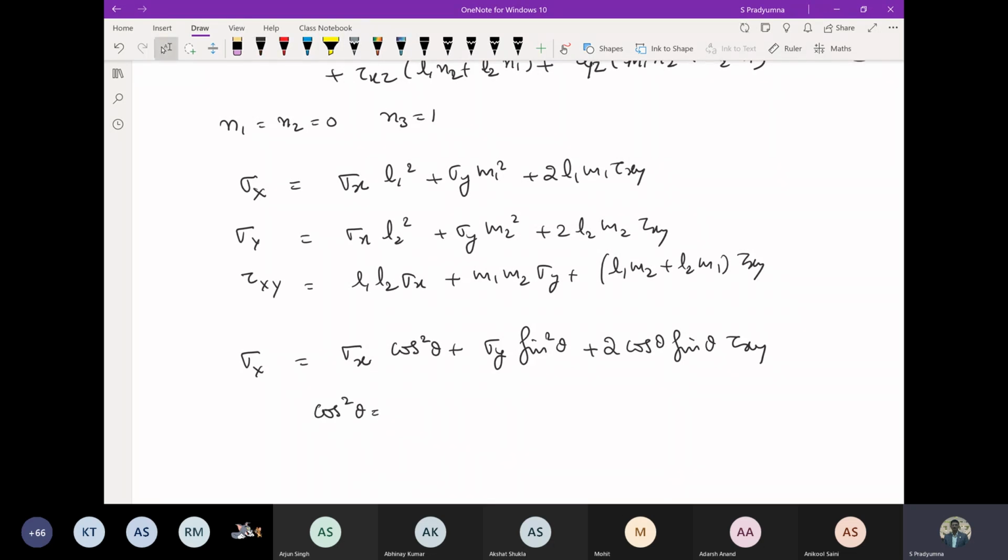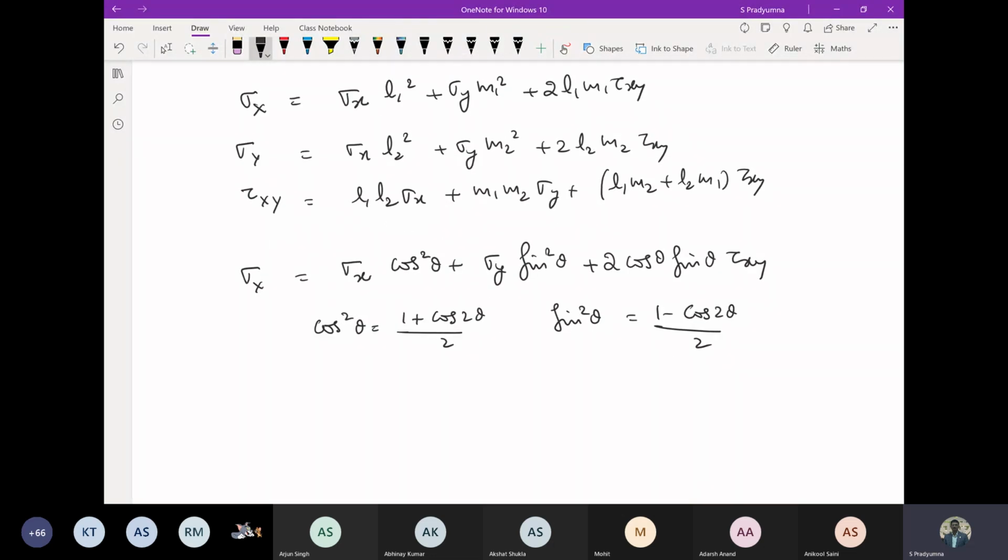Cos square theta is equal to (1 plus cos 2 theta) by 2. Sin square theta is equal to (1 minus cos 2 theta) by 2. And I can say 2 cos theta sin theta is equal to sin 2 theta. And also I have cos square theta minus sin square theta is equal to cos 2 theta.